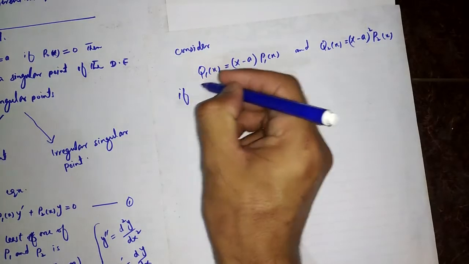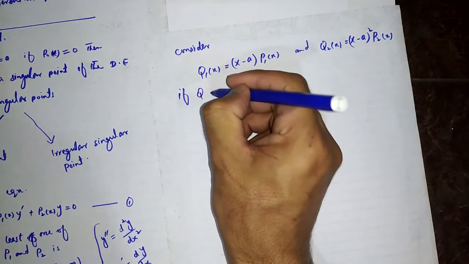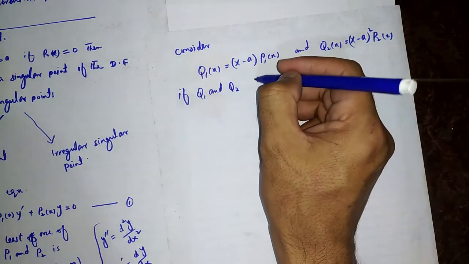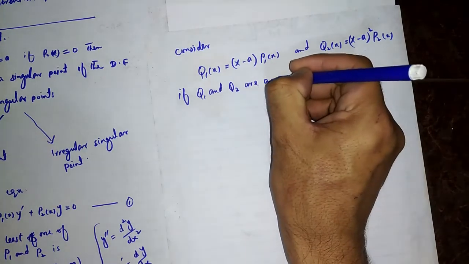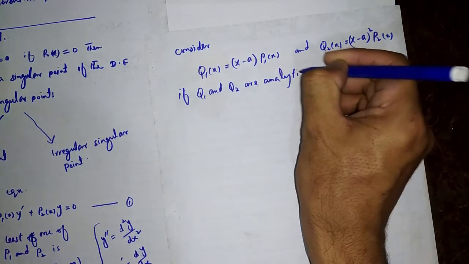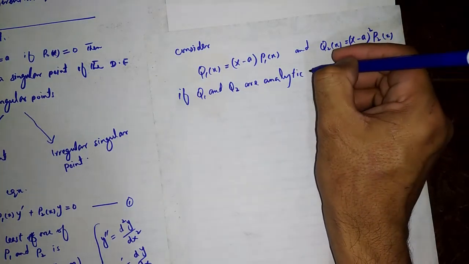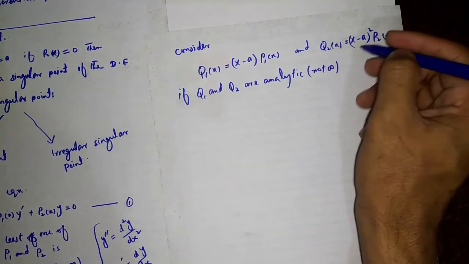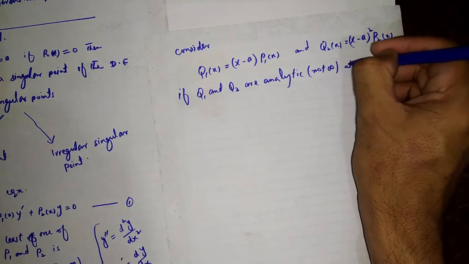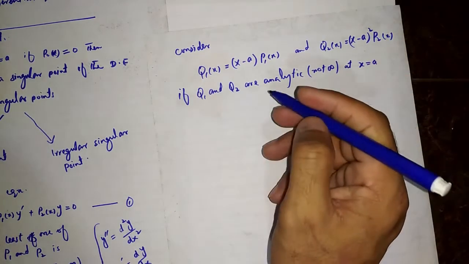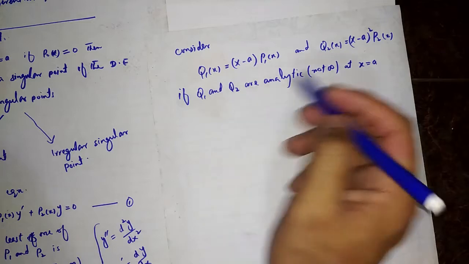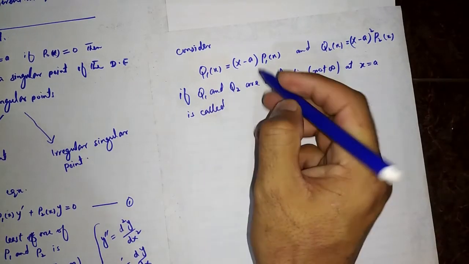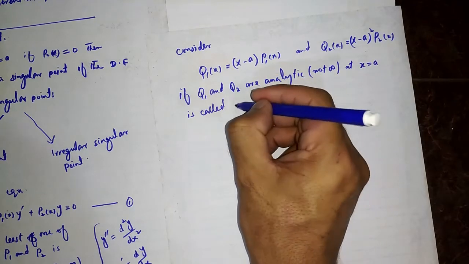If q1 and q2 are analytic, this means that by analytic we mean this is not infinite at x equals a, then this x equals a is called a regular singular point.